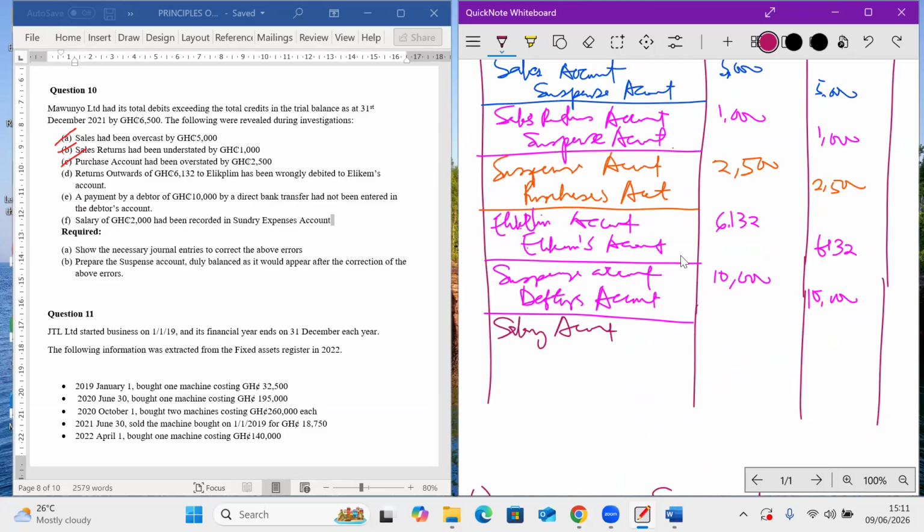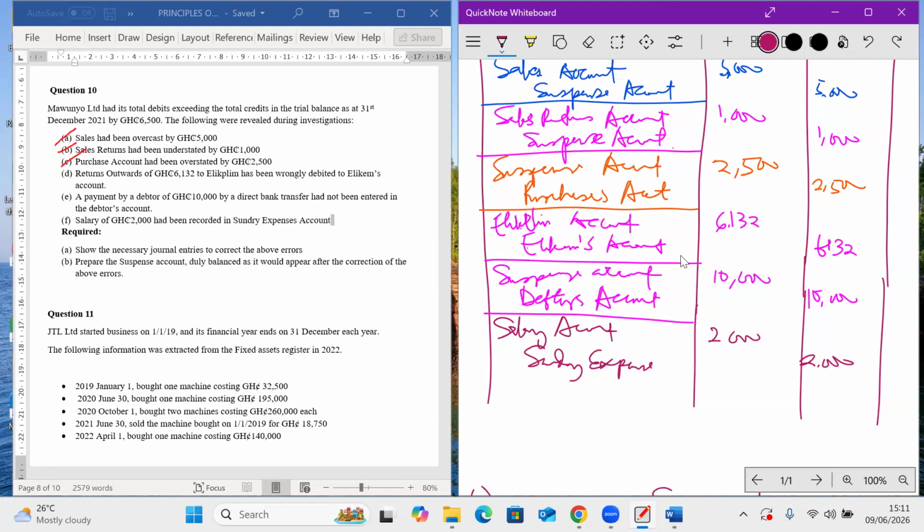How much is it? 2,000. Then what's the next account? The credit account is what? Sundry expense. How much is it? 2,000.